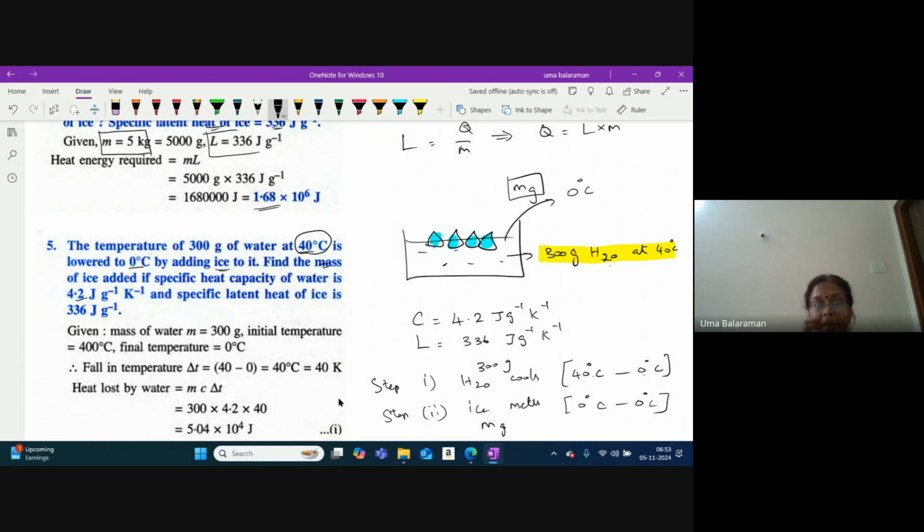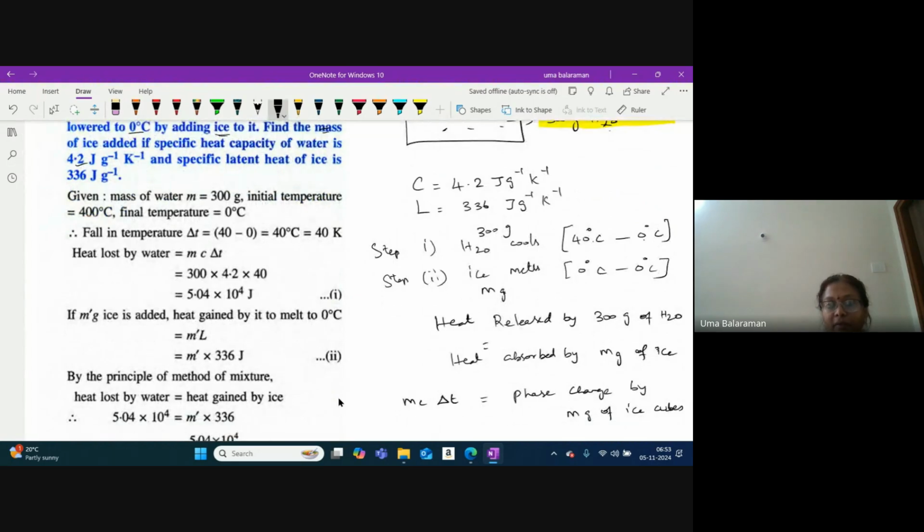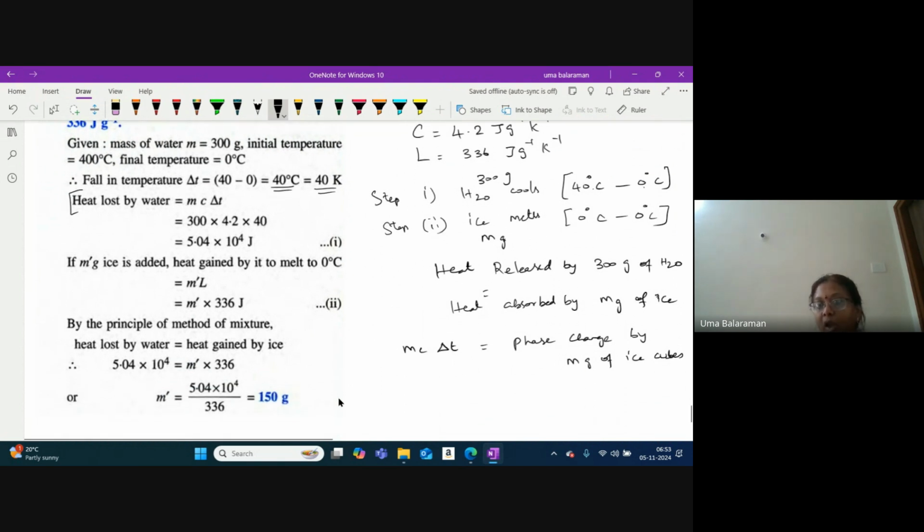Two things are happening. Phase change is happening, change of temperature is also happening. So fall in temperature is 40 degrees Celsius or 40 Kelvin, because water was 40 degrees Celsius, now it became 0 degrees Celsius. So heat lost or released by water is mc delta T.